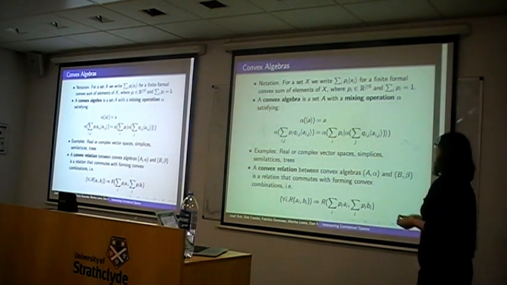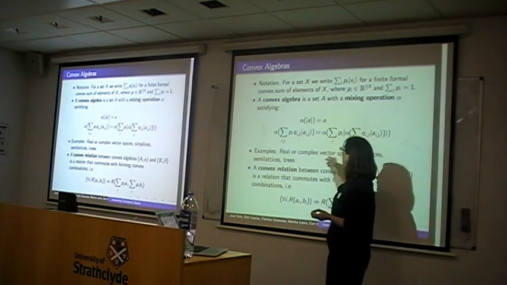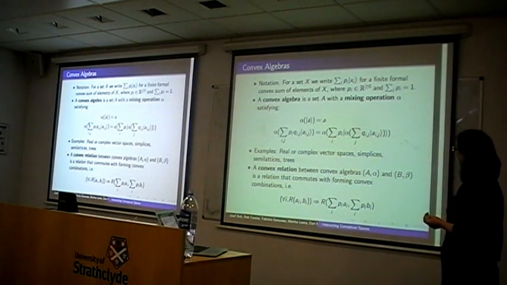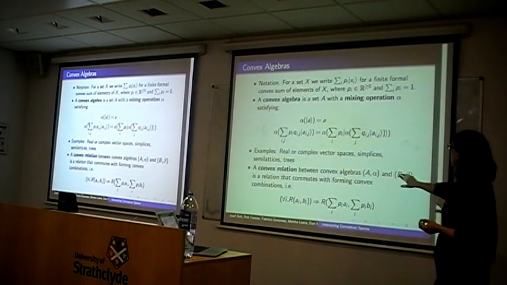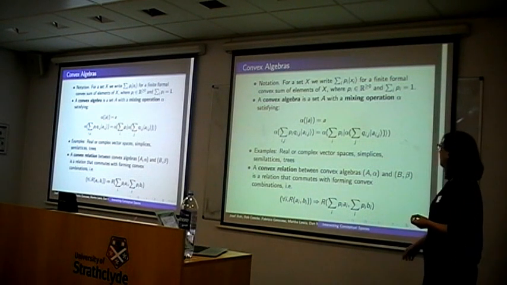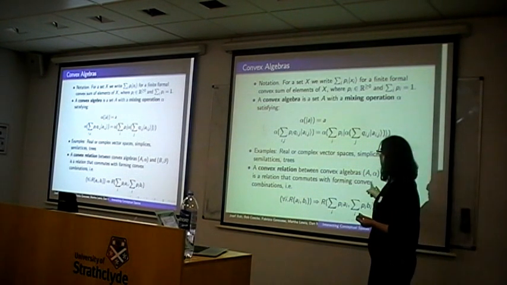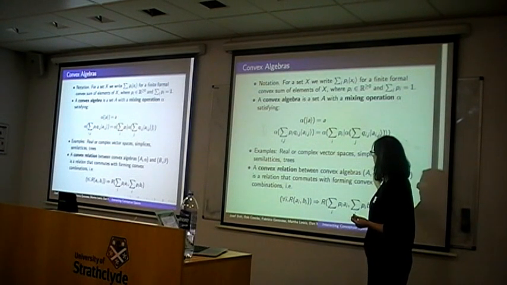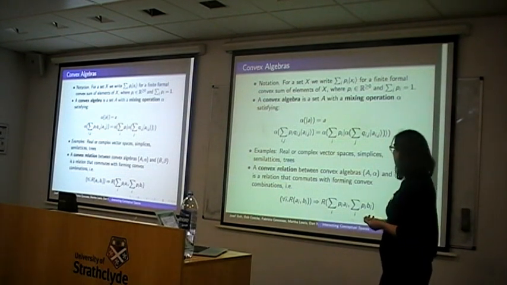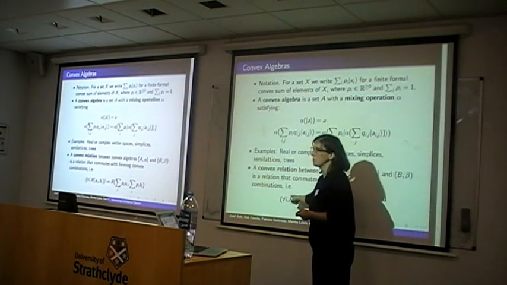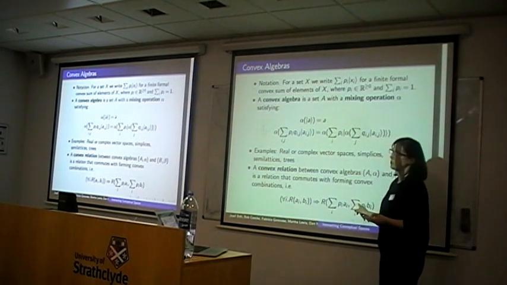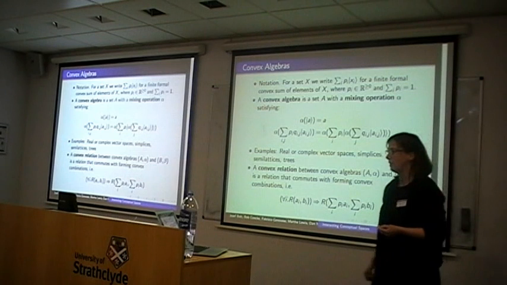And we've also got simplices, trees, which could be really useful here. So then a convex relation between two sets with two mixing operations is a relation that commutes with forming these convex combinations. So effectively, if the individual elements in the set are related, then the mixtures of those elements are also related.